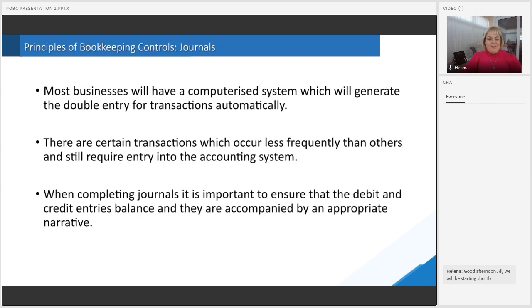So let's look at what a journal is and, importantly, why it's required. Most businesses, so you guys may have jobs and you may be responsible for inputting sales invoices, dealing with purchase invoices, making payments, whatever it is. If you've got an accounting software package, you'll input that transaction.